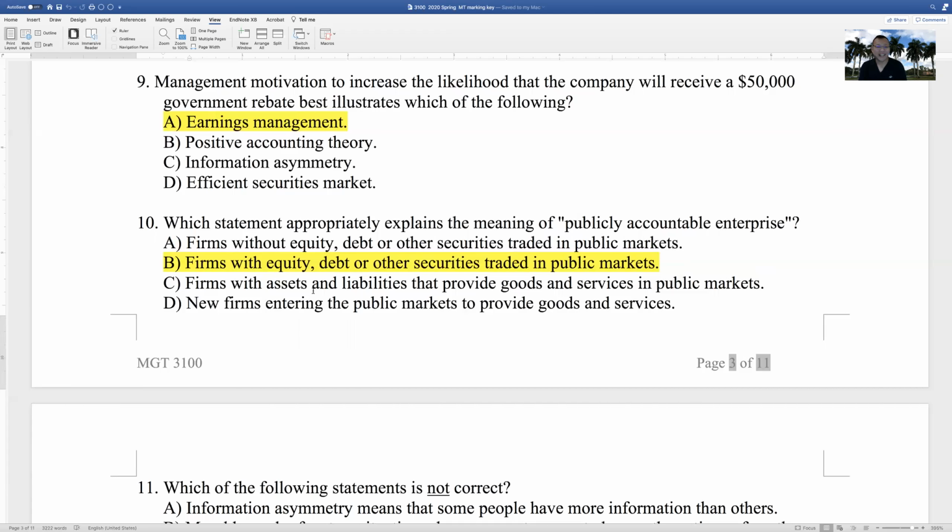Basically, the management are motivated to increase their chance of receiving the government rebate, so they want to do something about the earnings so that they can secure that government rebate, right? So that's earnings management.